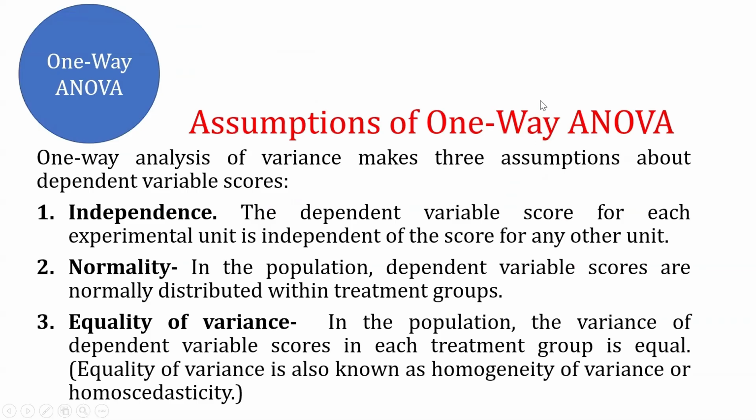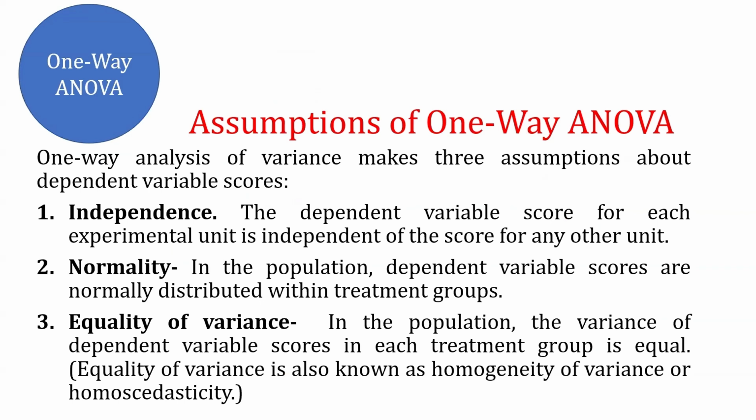Now, there are assumptions of one-way ANOVA. One-way analysis of variance makes three assumptions about dependent variable scores. First is the independence. The dependent variable score for each experimental unit is independent of the score for any other unit.